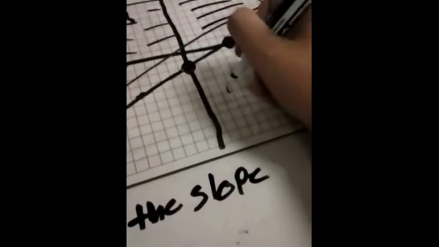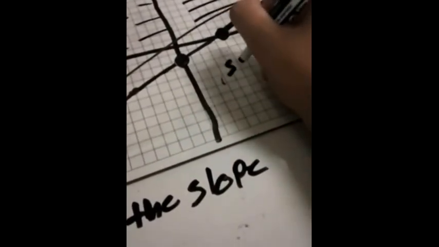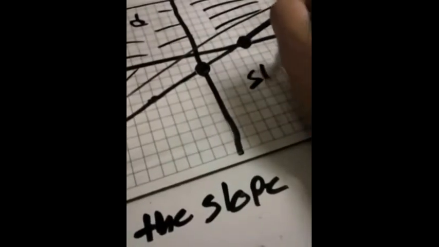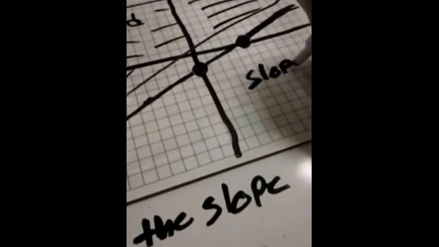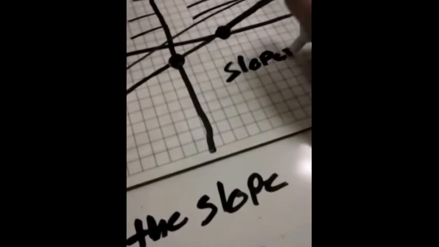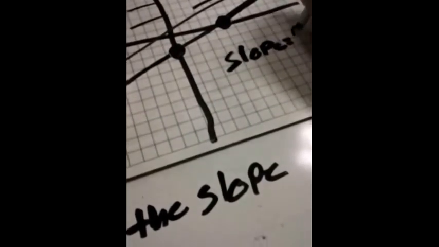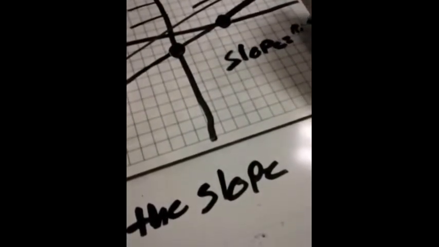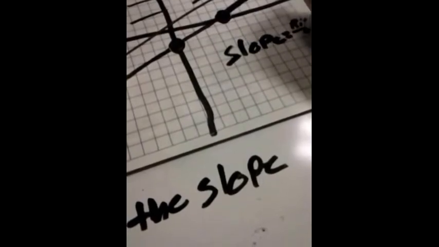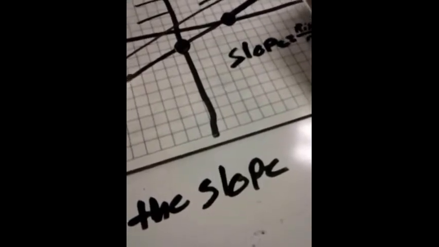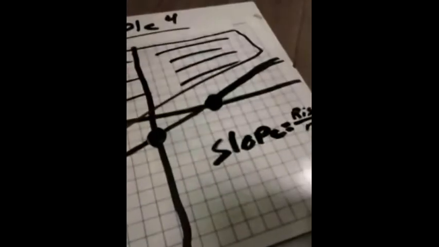So slope equals rise over run, or that could be m, sorry.